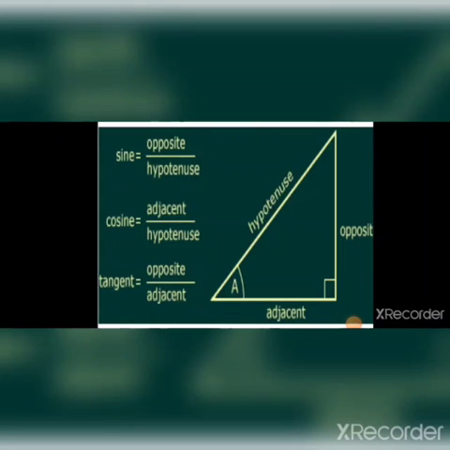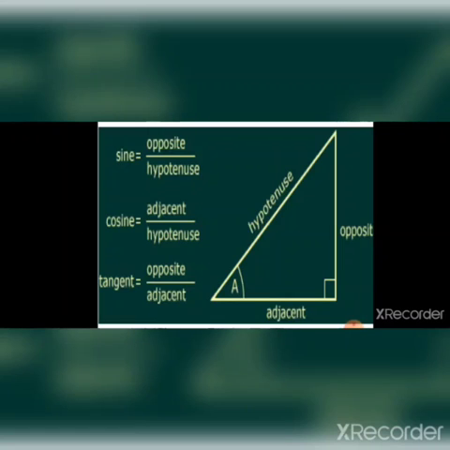Here we are going to start the actual trigonometry for Standard 9. You can see a right angle triangle and the sides are denoted by particular names. For angle A, adjacent side, opposite side and hypotenuse. Sine ratio is opposite side upon hypotenuse.